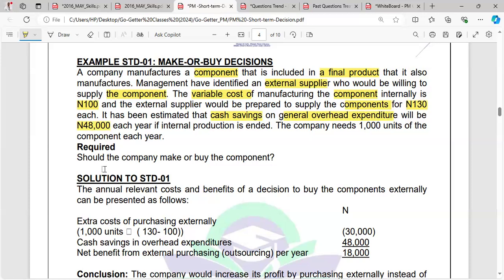What it means here is that if you decide to give the outside contractor the battery, the department that is doing that battery for us will stop doing the work, and you will save 48,000 naira every year if that department does not function, and you are channeling the activities of that department into the main thing you are doing, whereas the company is now getting this battery from outside for 130 naira each.